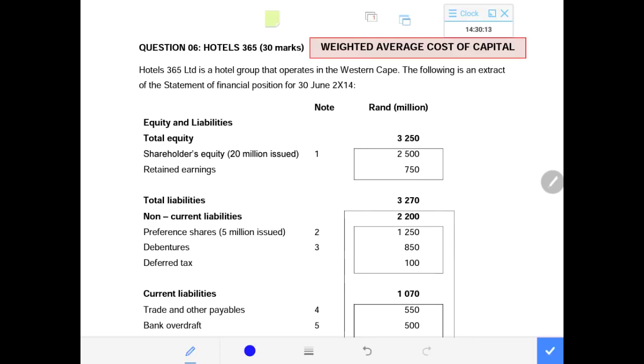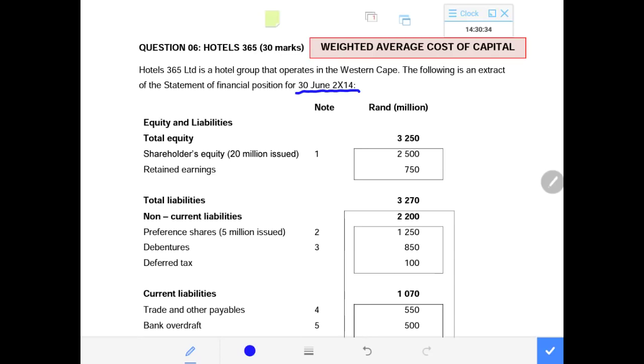Now it says Hotels 365 Ltd is a hotel group that operates in the Western Cape. The following is an extract of the statement of financial position at 30 June 2004.